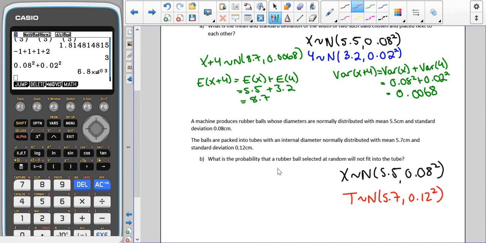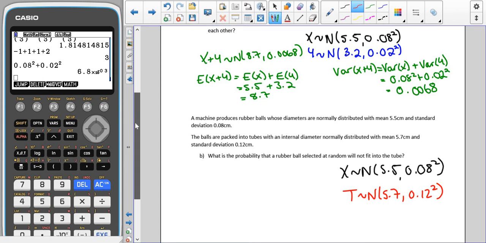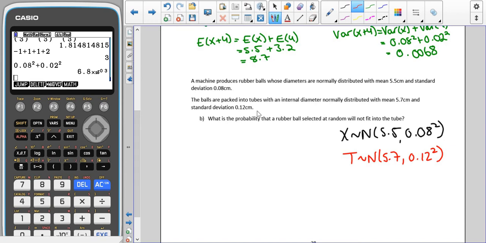What is the probability that a rubber ball selected at random will not fit in the tube? Now, if the ball does not fit in the tube, then if I did the diameter of the tube minus the diameter of the ball, that's going to give me a value that is less than 0.